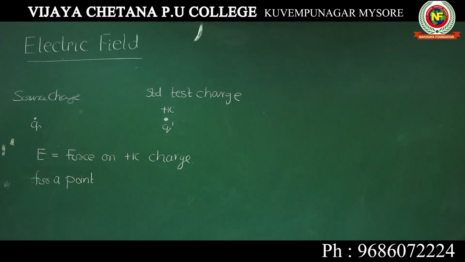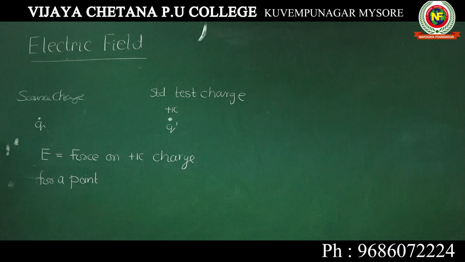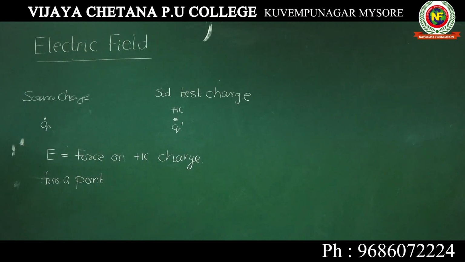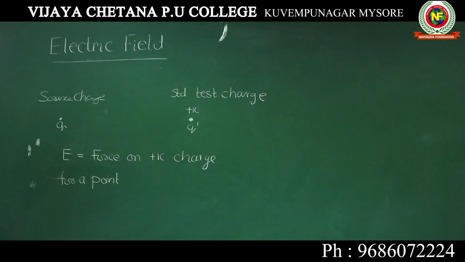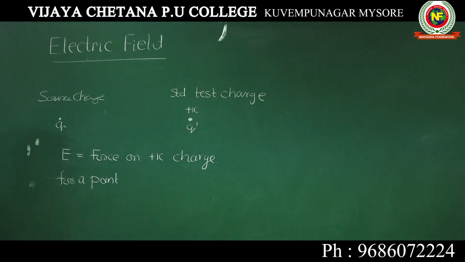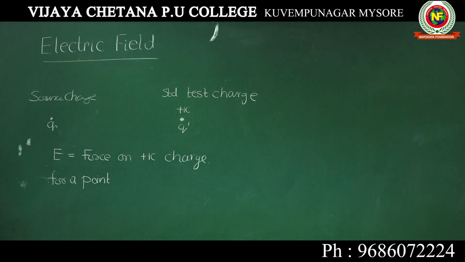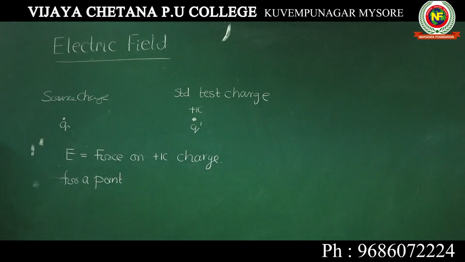Must remember: electric intensity at a point in an electric field is nothing but the force experienced by a unit positive charge kept at that point. Keep this fact in mind.